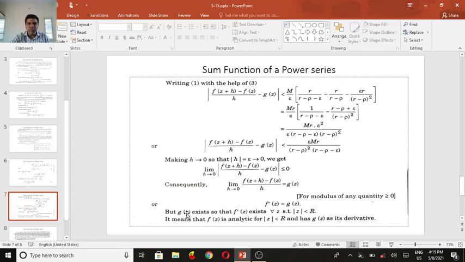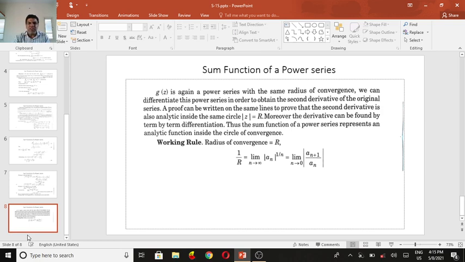But g of z exists, so the derivative exists for all values of z such that mod z is less than r. It means that f of z is analytic for mod z less than r, and g of z is its derivative.